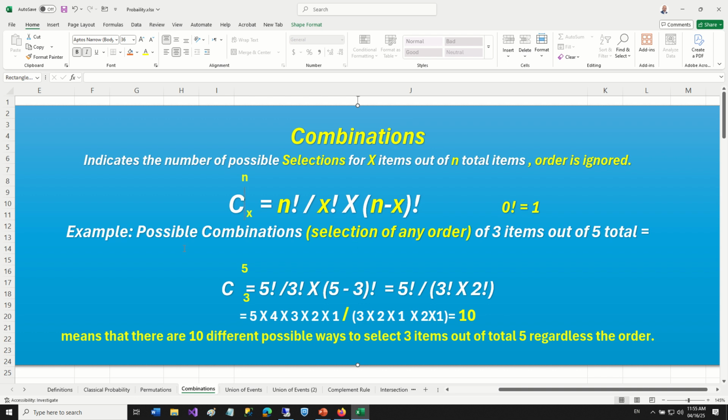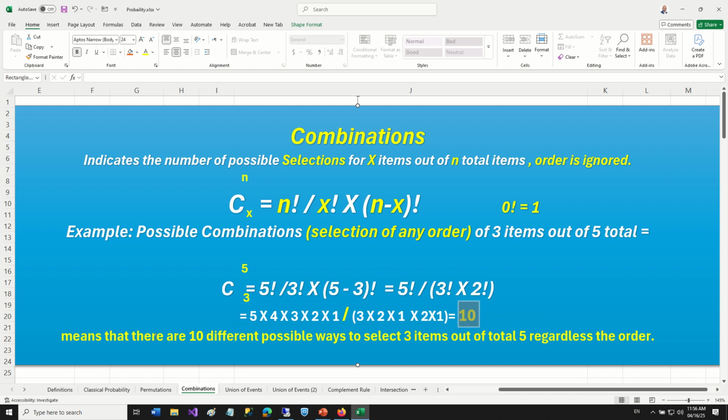Now let us look at this example. Possible combinations, selections in any order, of 3 items out of 5 total. So the combinations of 3 out of 5 equals 5 factorial divided by 3 factorial multiplied by (5 minus 3) factorial, equals 5 factorial divided by 3 factorial multiplied by 2 factorial, that is finally equal to 10.